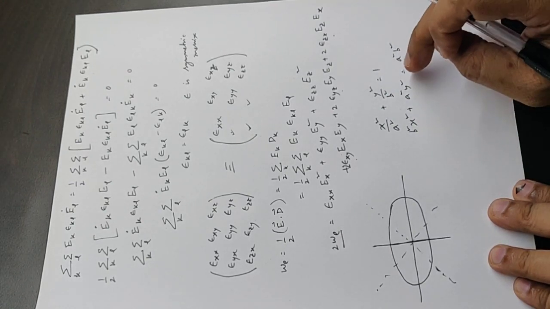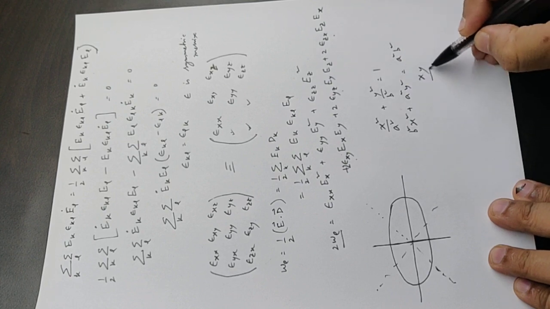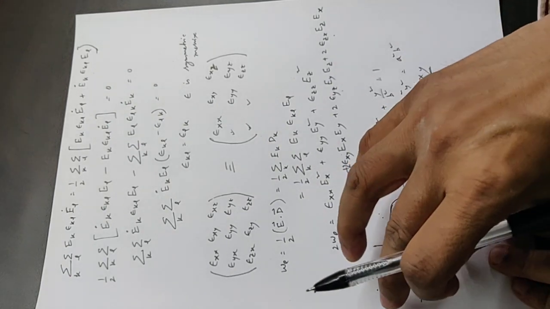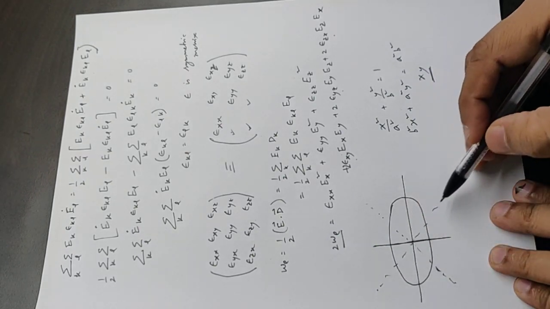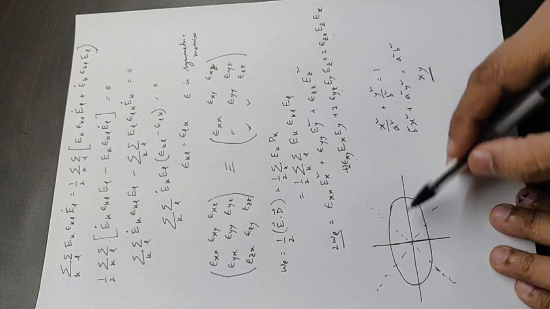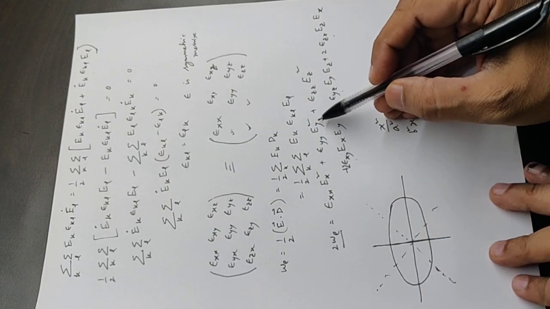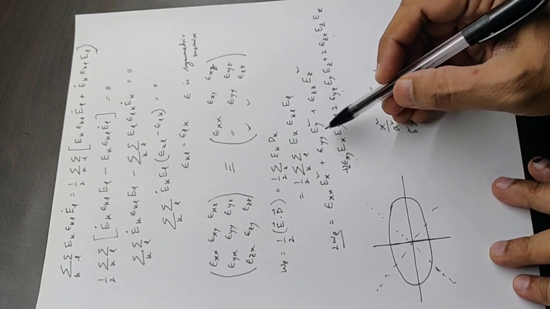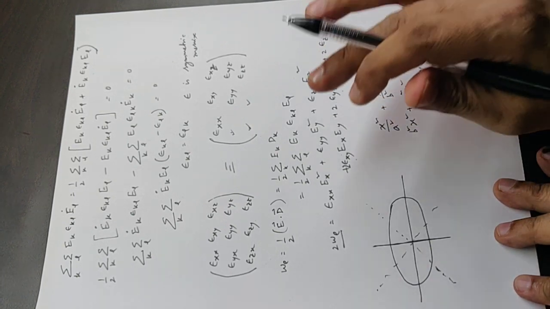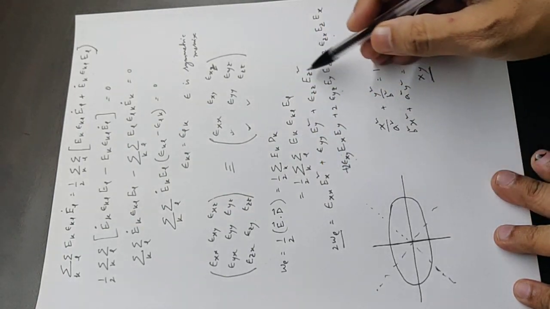So how did we make the xy term vanish? We made that term vanish by aligning the x, y axes with the semi-major and semi-minor axes. Similarly, this happens over here also, in this three-dimensional case.